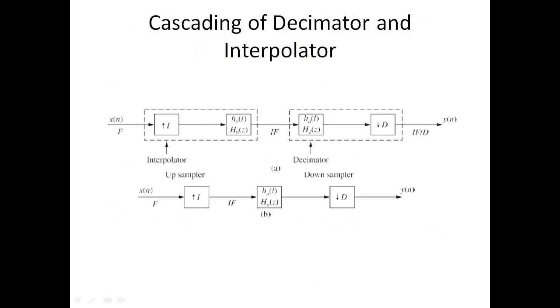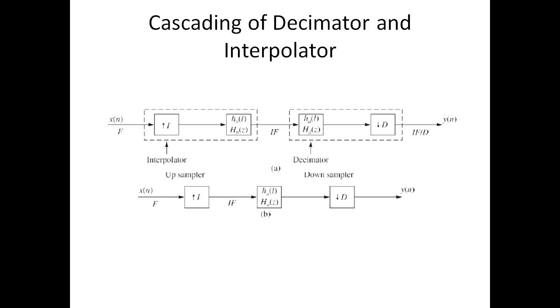As I mentioned, the cascading will lead us to perform both upsampling as well as downsampling, and it is clearly written here. The first block is purely an interpolator, and the second block is purely a decimator.